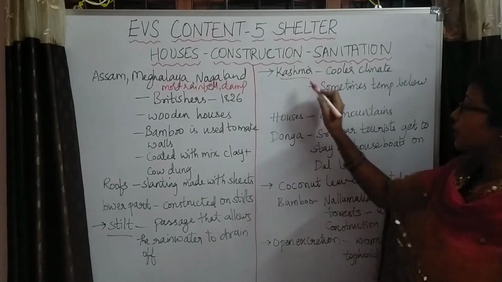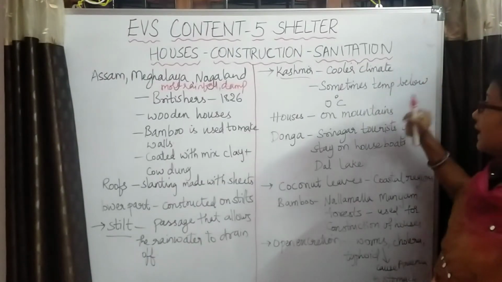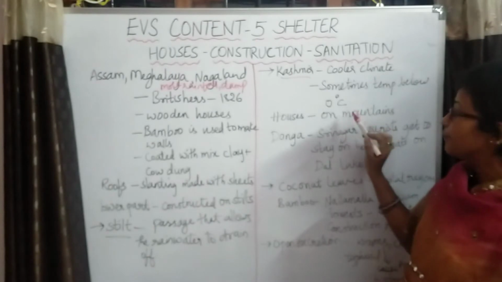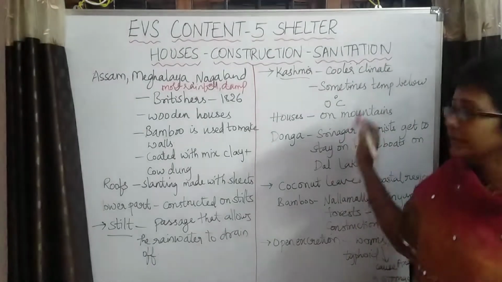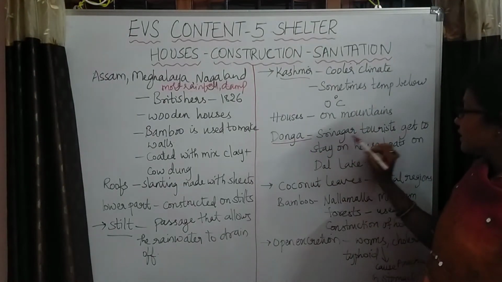Next, coming to Kashmir. In Kashmir the climate will be cool, and sometimes even the temperature will be less than 0 degrees centigrade. So houses will be constructed on mountains in Kashmir. Next, what is Donga? Donga means houseboats for Srinagar tourists.